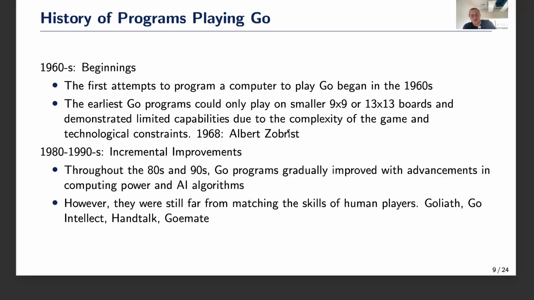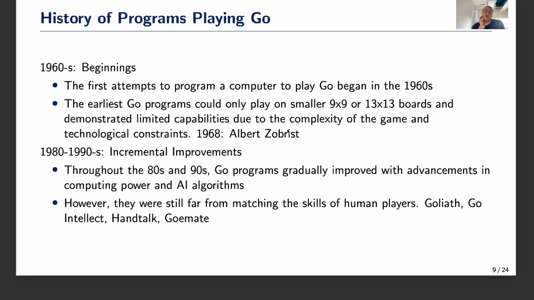Those programs could only play on small boards like 9 by 9 or 13 by 13. A full 19 by 19 board was far too complex for the computational resources of the time.